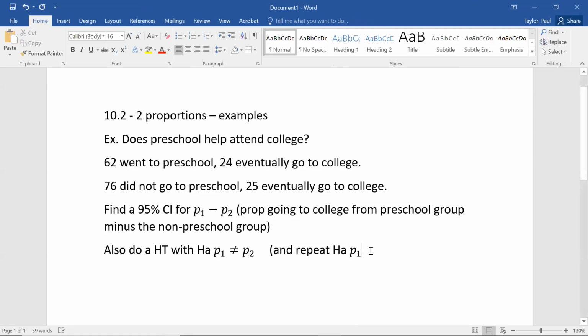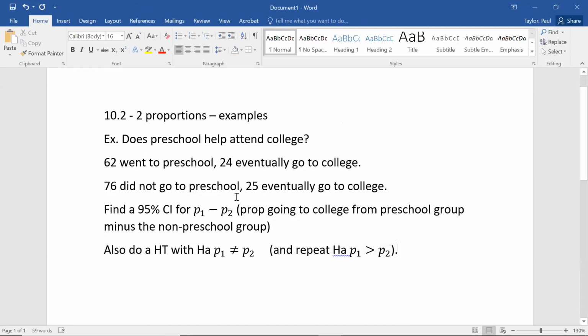So that would make sense as an alternative hypothesis. Because I said, does preschool help, that does suggest we use the alternative hypothesis with a greater than, but not equals is the default, and it's usually fine.